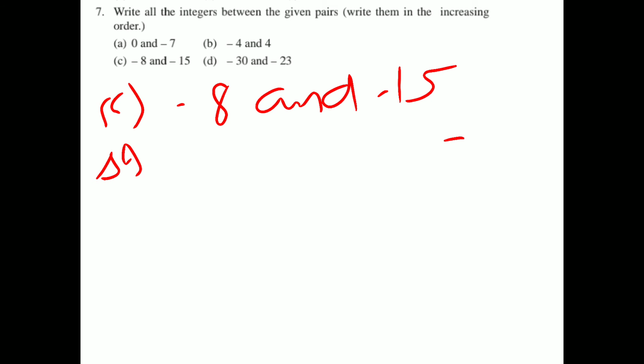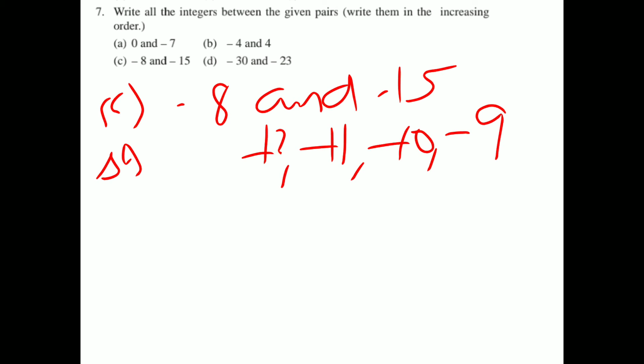So we start from minus 8. So firstly comes minus 7, then comes minus 8, then from minus 8 to minus 15 you have to go, so we have to decrease. So what numbers come? Minus 9 comes, then minus 10, minus 11, minus 12, minus 13 and minus 14.